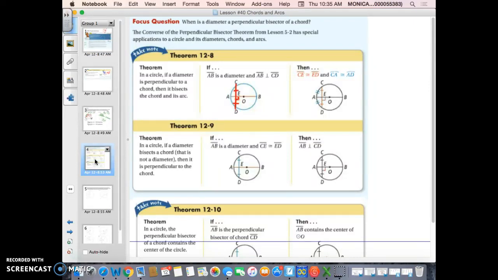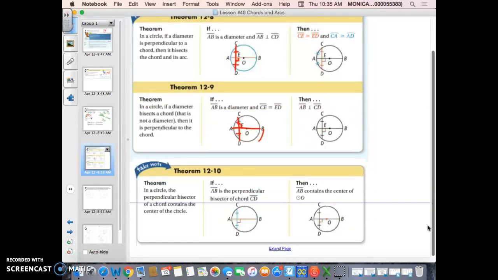And that's just repeated throughout this. You can also say that they make a 90-degree angle. So if in this example this chord is intersecting the diameter and this is congruent to this, then you know that they're also going to make a 90-degree angle. So it's vice versa.